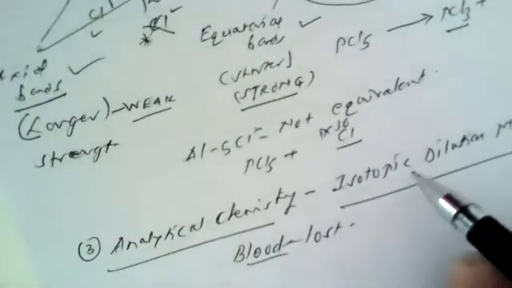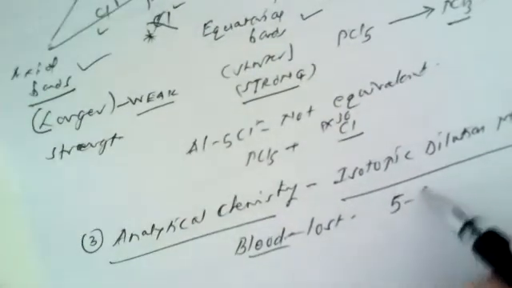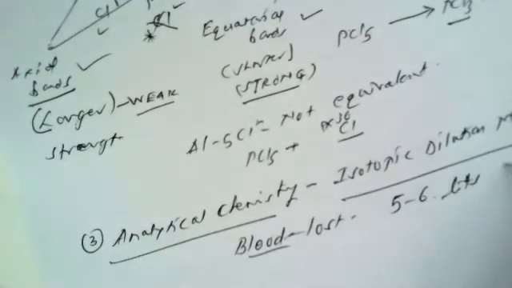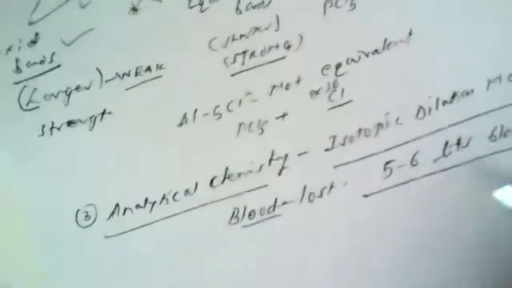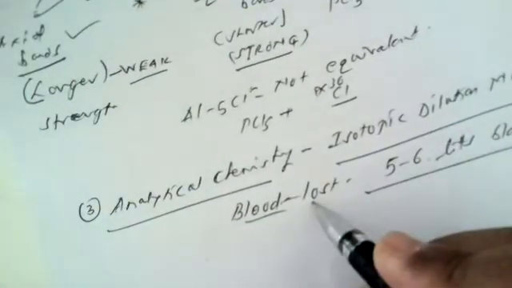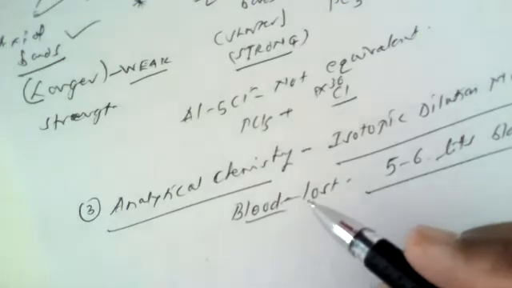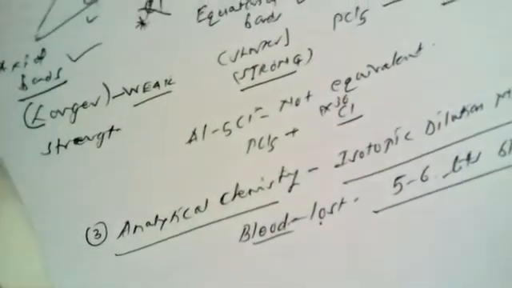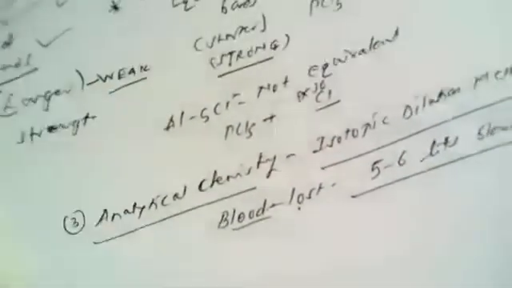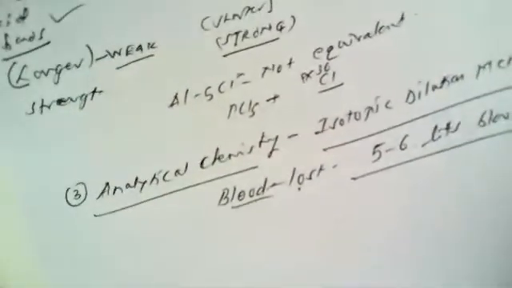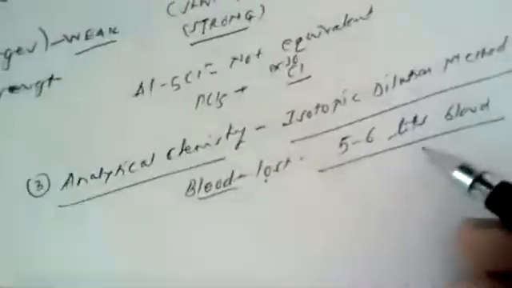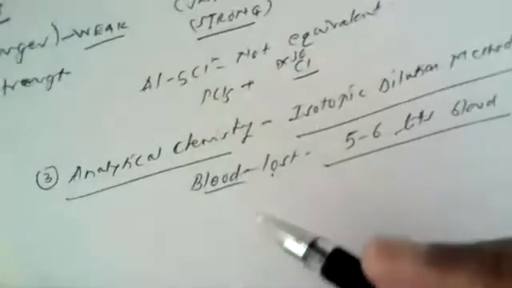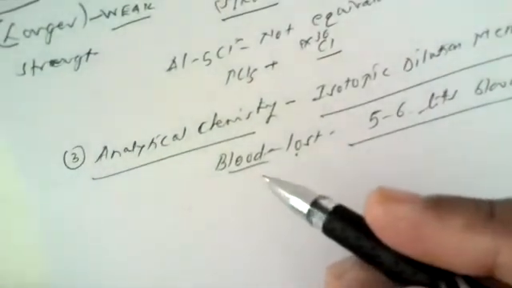We know normally the human body contains about 5 to 6 liters of blood. But if he meets with an accident, first of all, loss of blood takes place. So the physicians wonder how much blood was lost during the accident. It is rather difficult to know how much blood is lost and how much blood is to be administered for the patient.